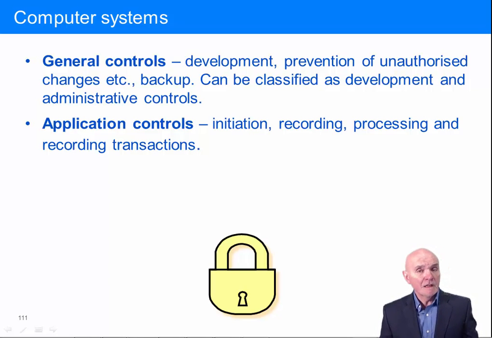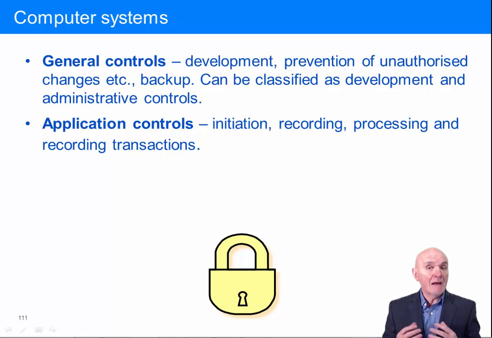So, development of new programs or the updating of existing software. Huge damage can be done if you make an error in software development or software modification. A few years ago, a very large bank in the UK did what they thought was a routine update to their system, but something had gone wrong in the coding of the new program that was being made live, and it meant that many customers couldn't get access to their accounts for over a week.